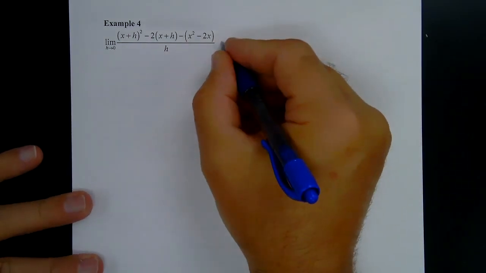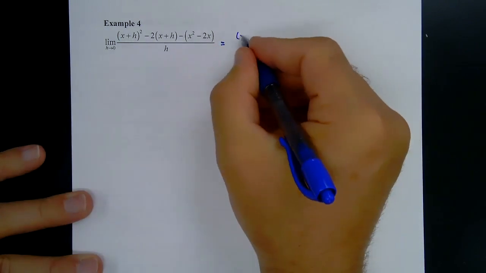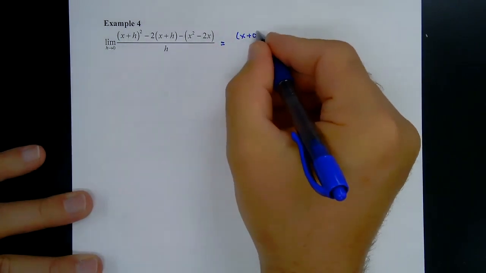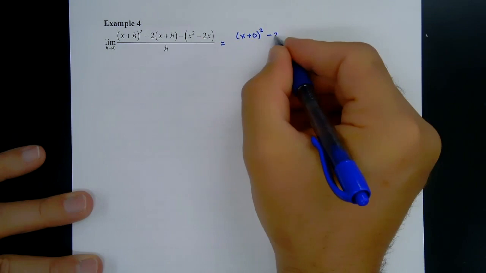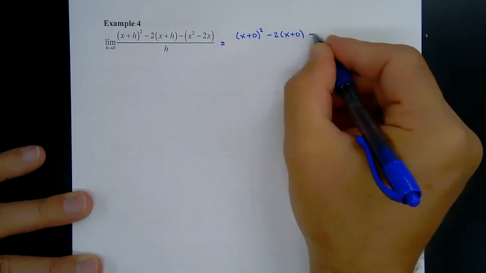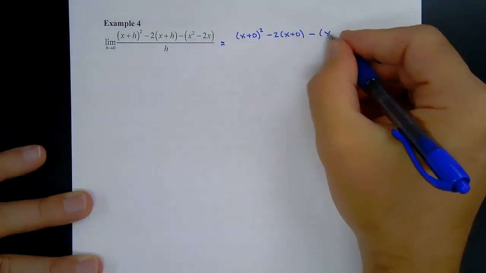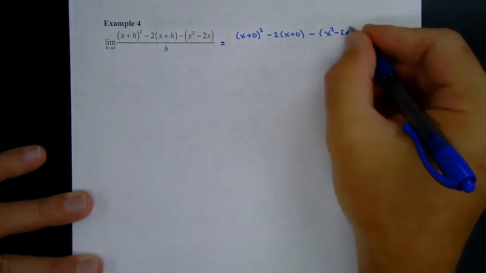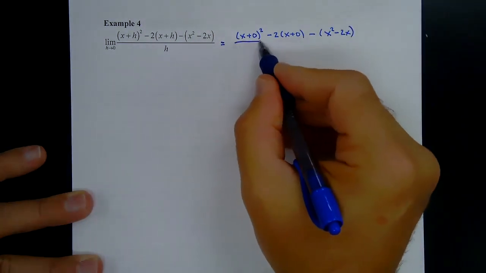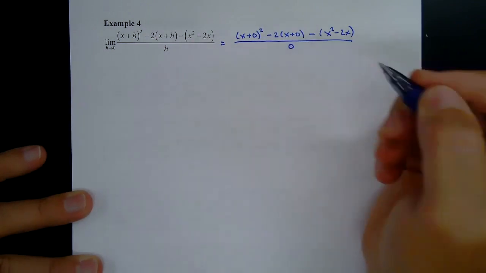So here we go. This would become x plus 0 squared minus 2 times x plus 0 minus, and there's no h here, so it's just going to be x squared minus 2x, all over, okay, here's my h, so I need to replace that with 0.